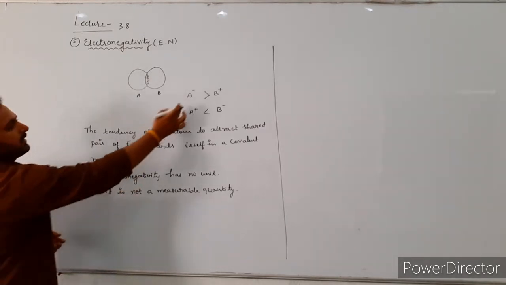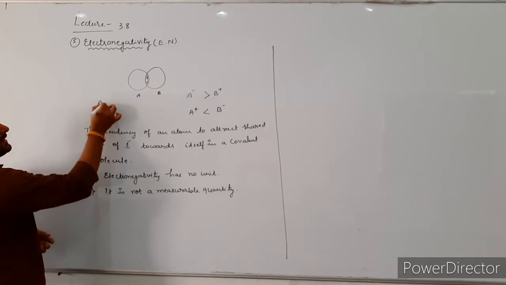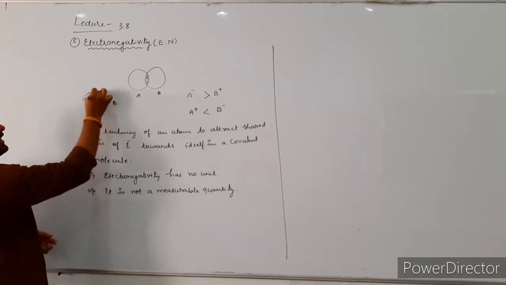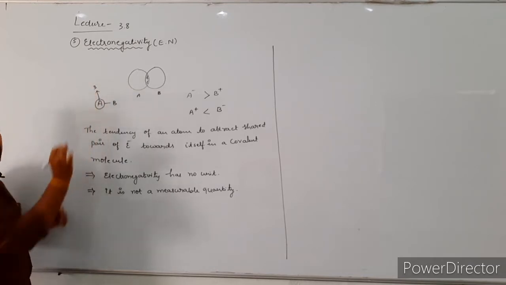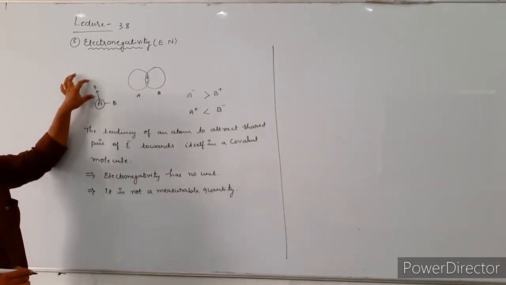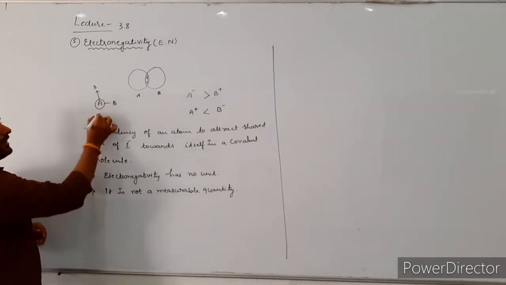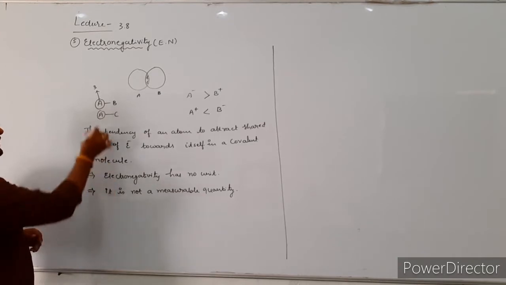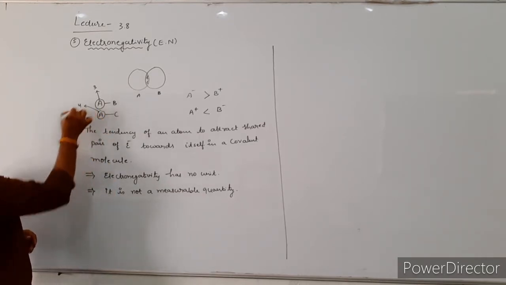For example, when A is bonded with B, the A atom electronegativity is 3. These are just rough numbers, not exact numbers. If the same element A is bonded with C atom, its electronegativity is 4.